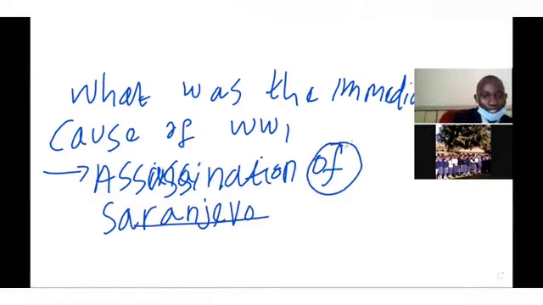We are not marking the tense, so this is not language. It was supposed to be assassination at Sarajevo, but the student scored. Then of course the answer is assassination of Franz Ferdinand. The spelling will not matter so much because it is the name of a person. So for that, you are going to score.